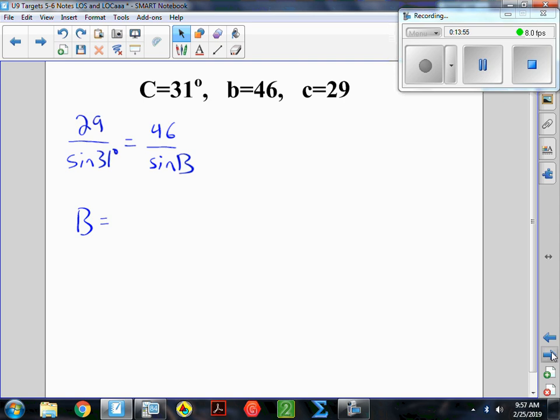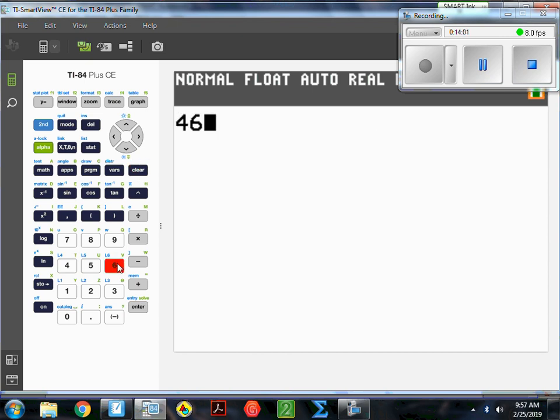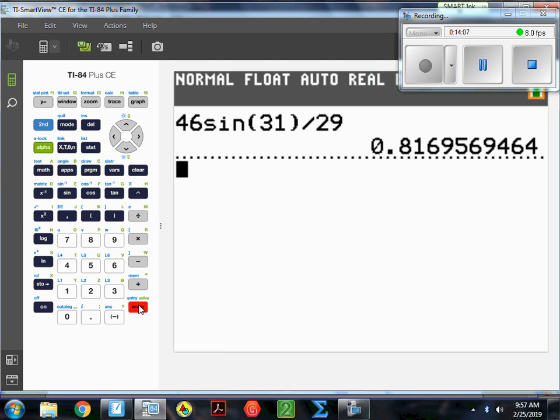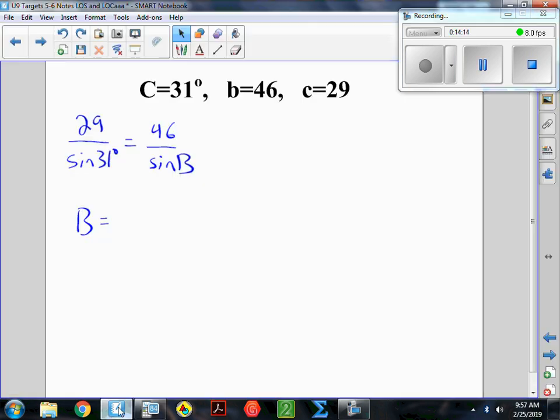I would cross multiply, so I'd have 46 sine 31 divided by 29. 46 sine 31, close my parentheses, divide by 29, and I get 0.81. I take the inverse sine of that, and I get 54.8 degrees. So B is equal to 54.8 degrees.